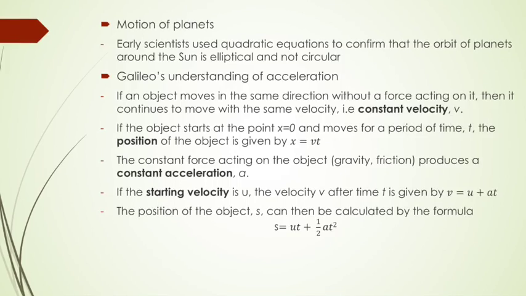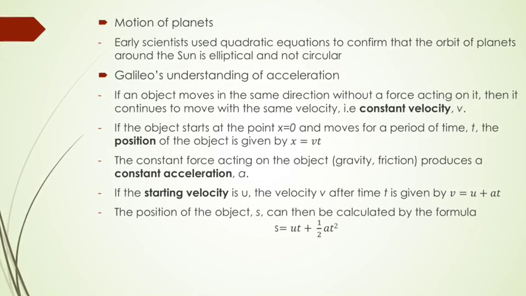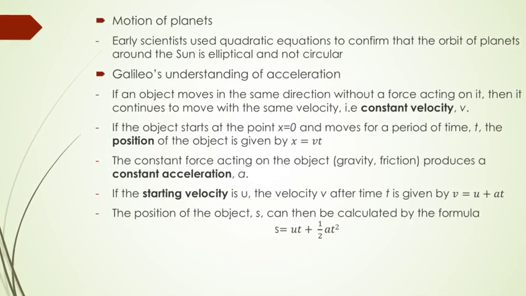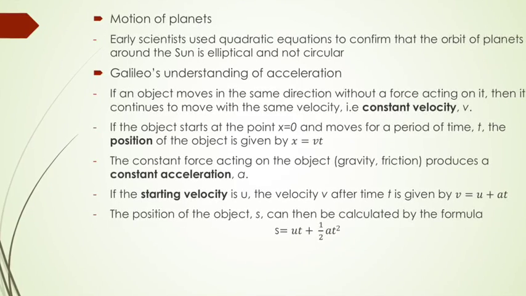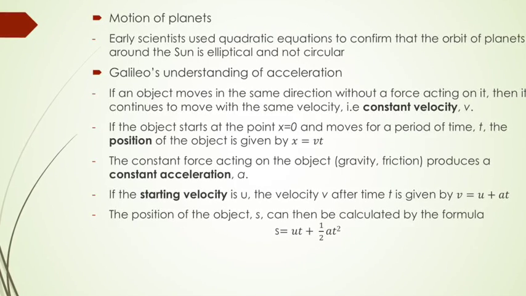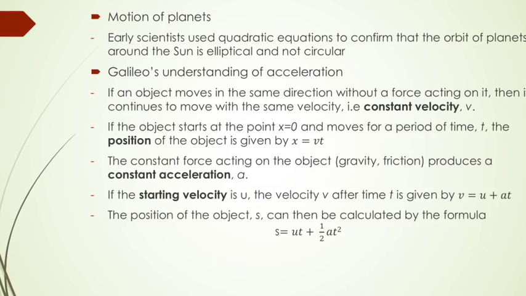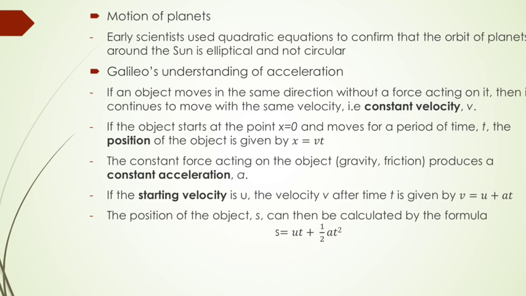Because there is a constant force acting on the object, which is gravity and friction, this produces a constant acceleration, a. If the starting velocity is u, the velocity v after time t is given by v equals u plus at. Thus, the position of the object s can then be calculated by the formula s is equal to ut plus half of at squared.